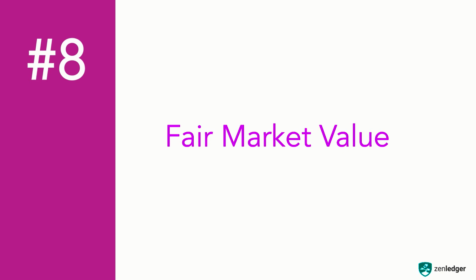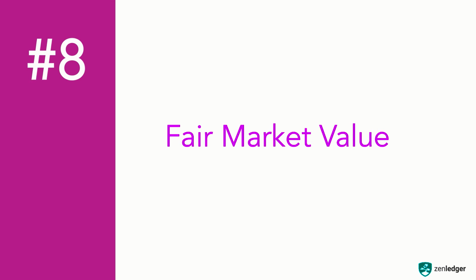The next factor is that ZenLedger does a very advanced way to do fair market values, and that is the only way to do your taxes correctly. So if you download your statements from your exchange, the problem is when you use one cryptocurrency to trade into another cryptocurrency, you don't know the US dollar value when you trade it out of one and when you trade it into the other.